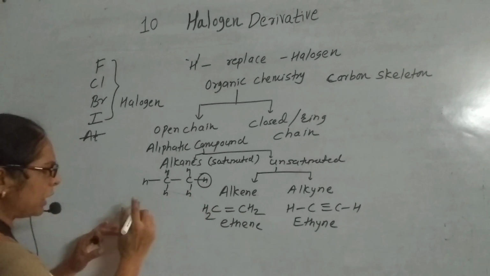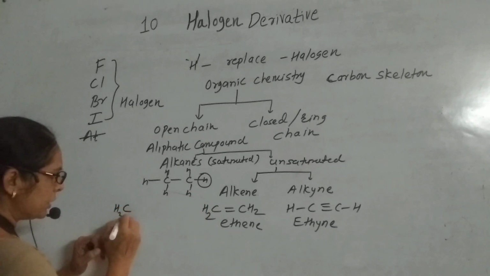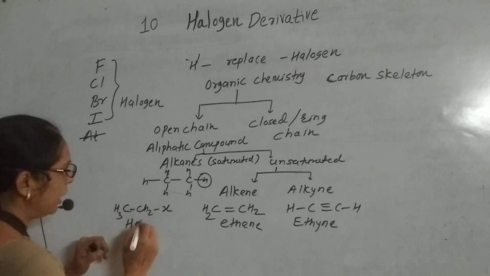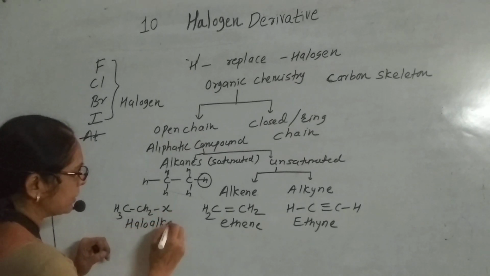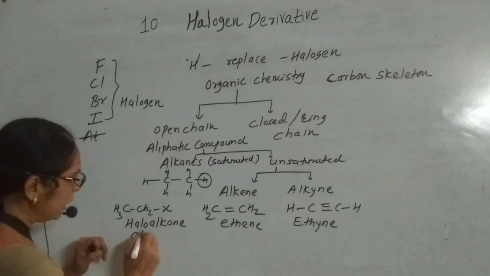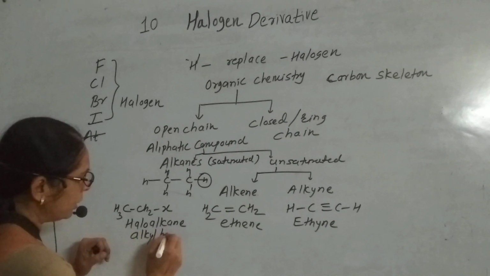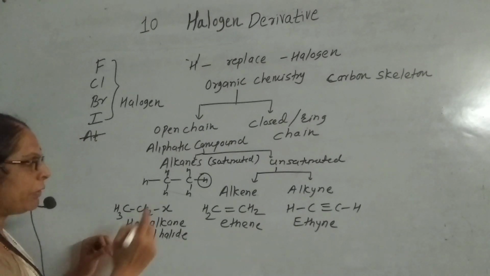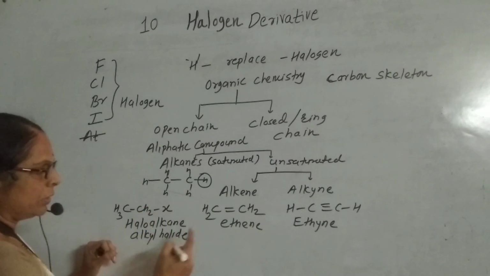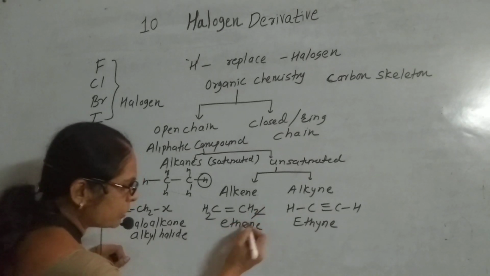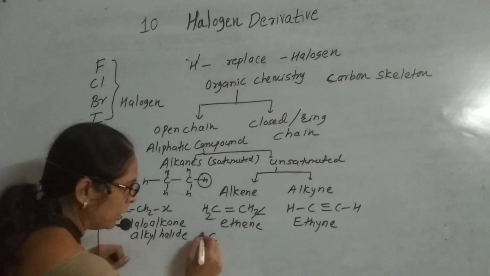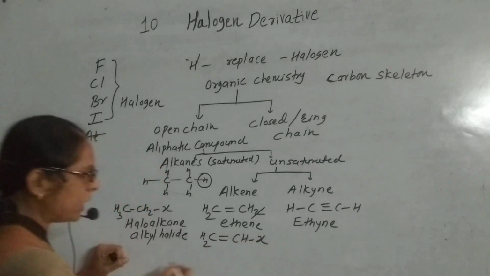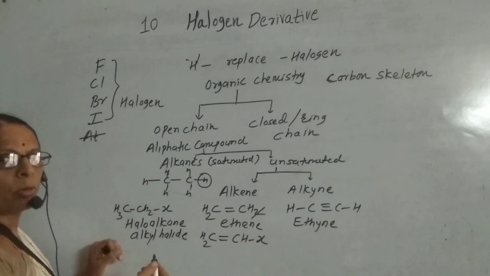Suppose I replace one hydrogen here, I get CH3CH2X. This is called haloalkane or alkyl halide. If I replace one hydrogen, either this hydrogen or this hydrogen, I get a compound like this, where X is the halogen. It may be fluorine, chlorine, bromine or iodine.